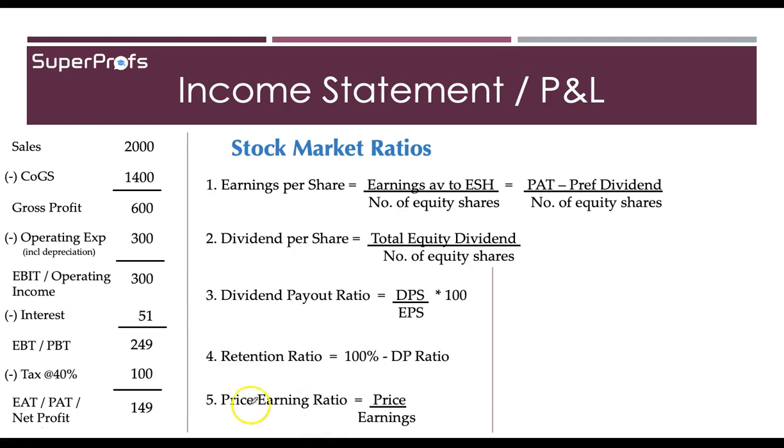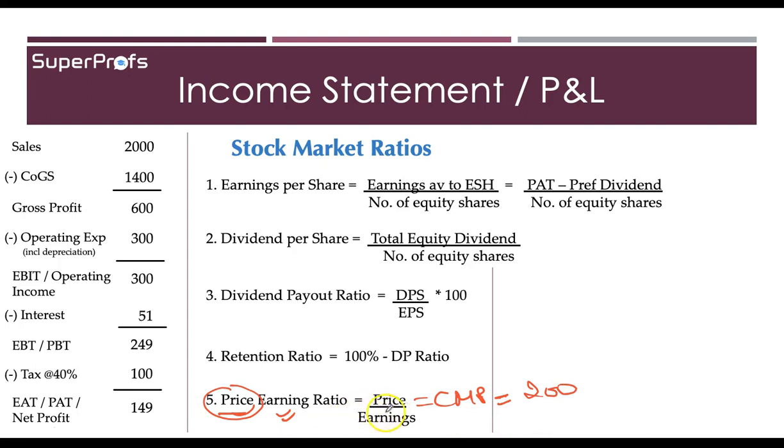The next one is price earning ratio. As the name suggests, this ratio is between the price and the earnings. So what is this price? This price is your current market price, the current market price at which the trading is being held in the stock market. Let's assume that this is 200 rupees.